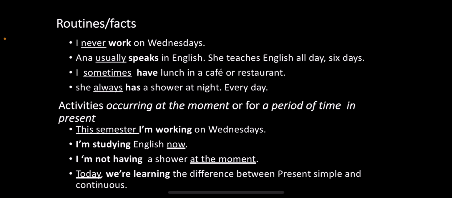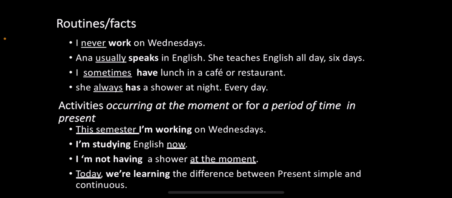Now, let's make this clear. When we use present simple, we emphasize or refer to routines or activities that occur generally in the present, but not necessarily at this right moment, right? And most of the time, we include adverbs of frequency to indicate how often the activities occur.